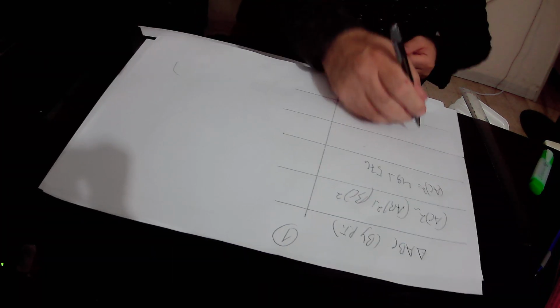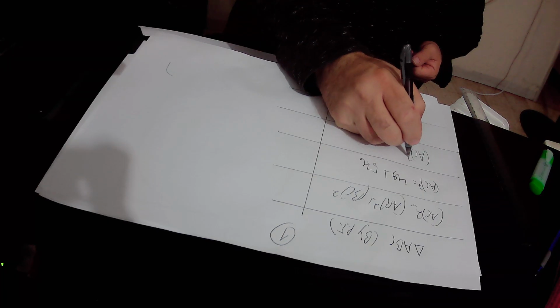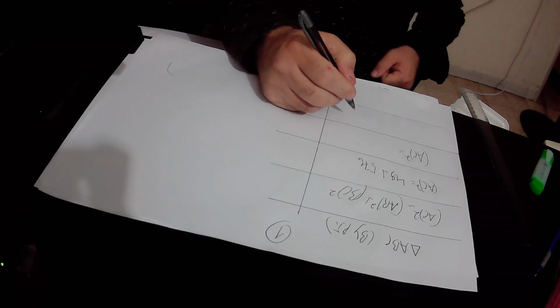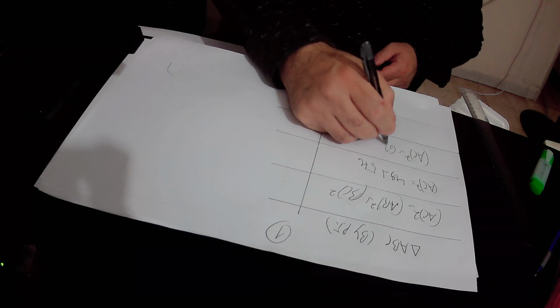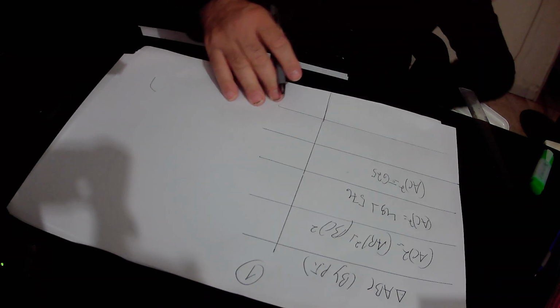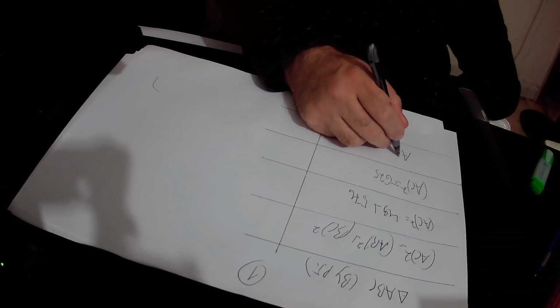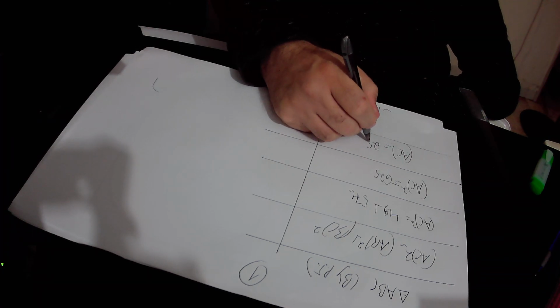So in total, AC squared equals 576 plus 49, which is 625. Here we take the square root of this equation and we get that AC equals the square root of 625, which is 25.